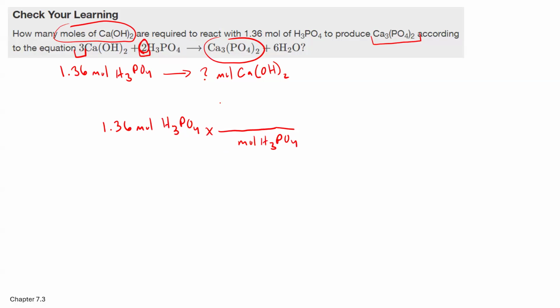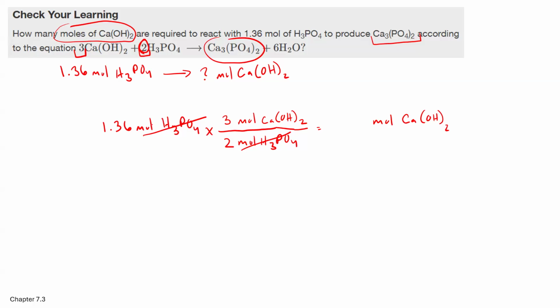So it's 2 moles H3PO4. And here is 3 moles calcium hydroxide. All right, look what cancels out. Moles of phosphoric acid cancel out. Let's do units first. Now we know we're going to be left with moles of calcium hydroxide. If you do your units, it's an easy way to check your work without having to actually check your work, right? All right, let's do the math.